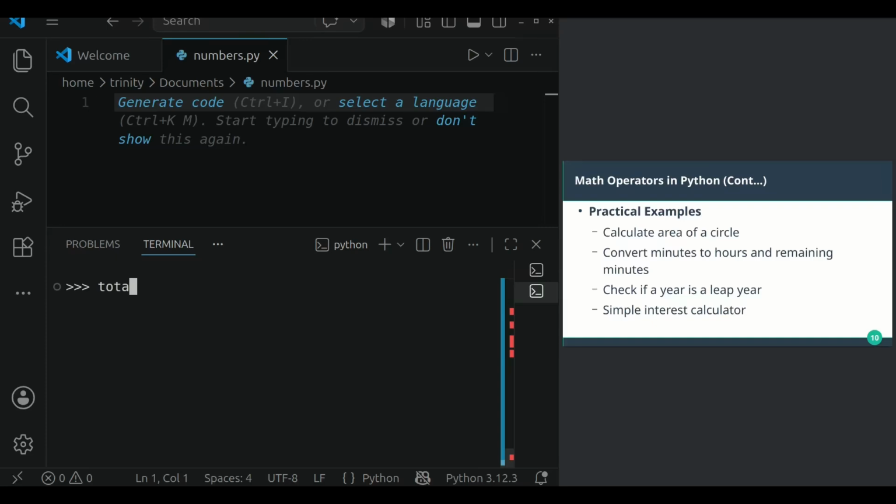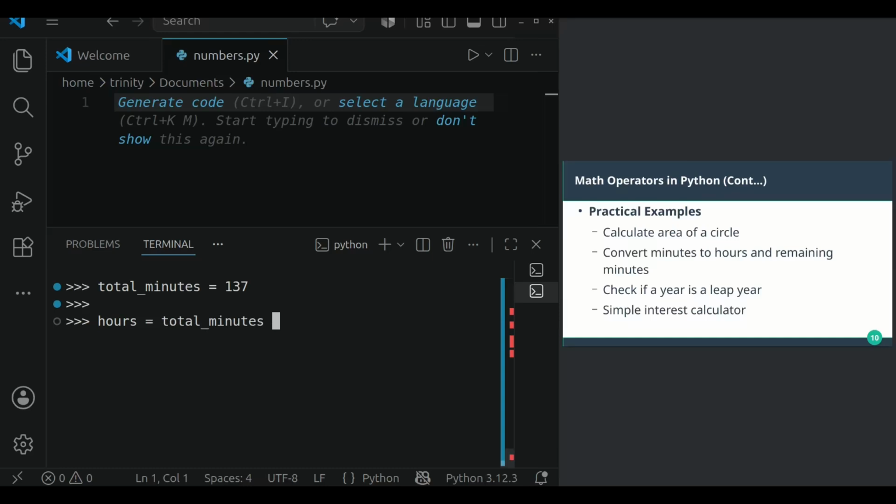Let's say we have a total minutes variable as 137 minutes, and we need to calculate how many hours there are in 137, and if possible, how many minutes will be left. So we have our first variable, which is the total minutes. Then we need to define our hours variable, which is going to hold the number of hours in that total.